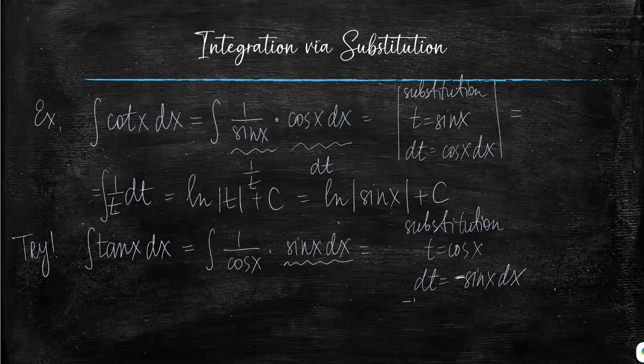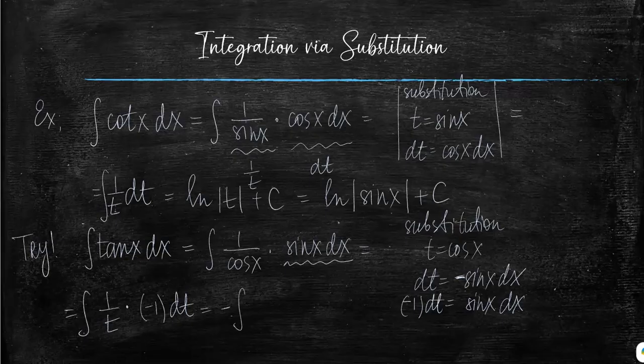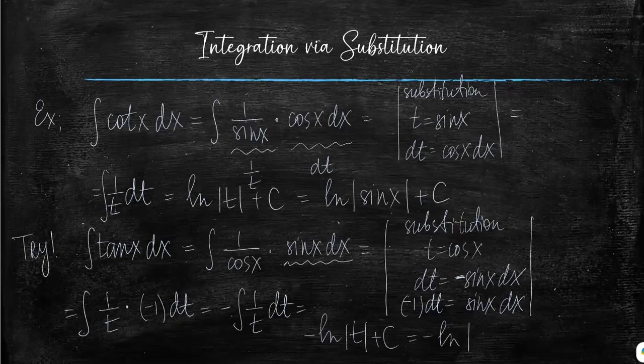So it's negative 1 dt that is equal to sine of x dx. And then when you plug everything in, you're going to end up with the integral of 1/t times negative 1 dt. Either way, you're going to end up with that negative there, and the final answer will be the same. So it's negative ln absolute value of t plus c, negative ln absolute value of cosine x plus c.